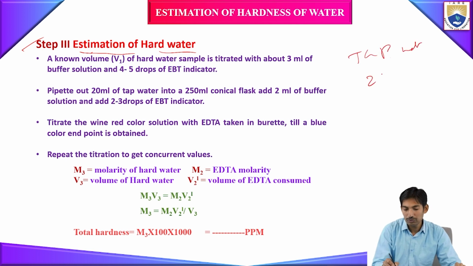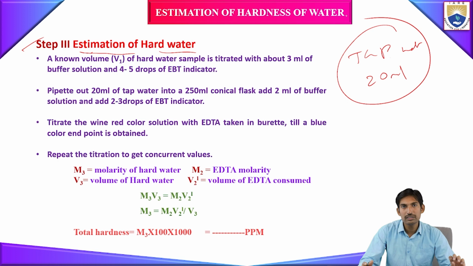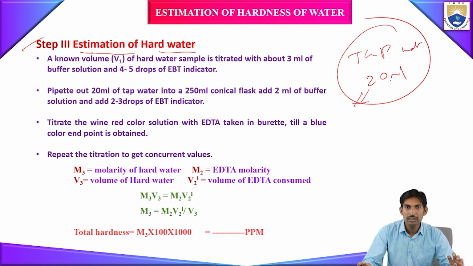Tap water contains both calcium and magnesium salts. The salts may be calcium carbonate, magnesium bicarbonate, and calcium sulfate, and other salts also. It contains both temporary hardness causing salts and permanent hardness causing salts.